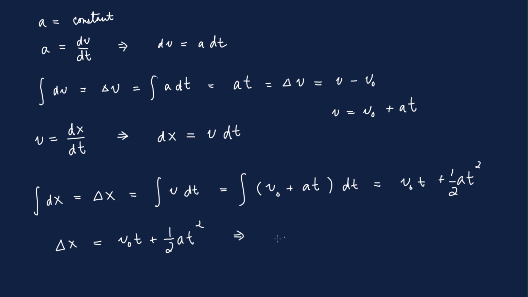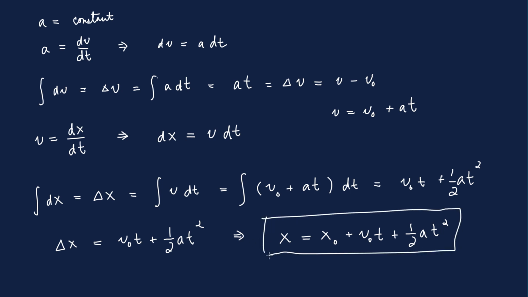Delta x, of course, is x minus x naught, and so really the way we are most familiar with seeing this is x is equal to x naught plus v0 times t plus 1/2 a t squared. A very familiar physics equation derived with the artful application of calculus.